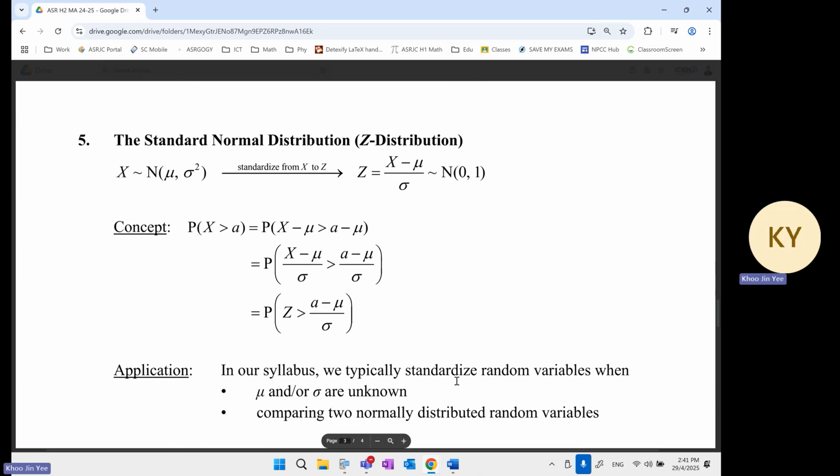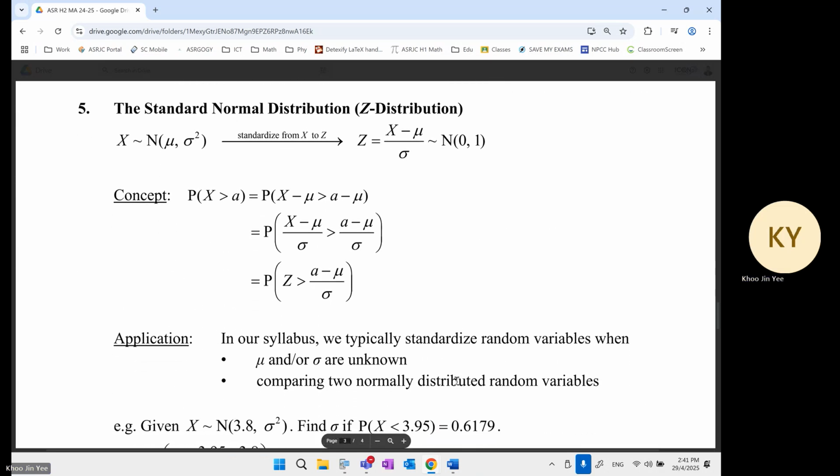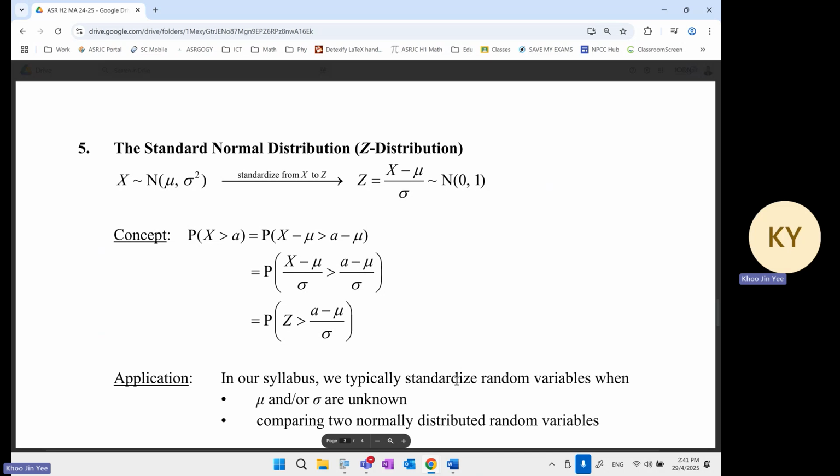Now, next concept. We will proceed on from the usual normal distribution. So we will go through a process to standardize the normal distribution. Why? Two reasons. The first reason is usually when we have many different normal distributions. For example, even in school, you have math, chemistry, physics, biology, and so on.